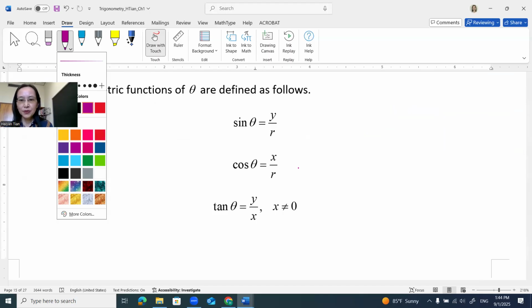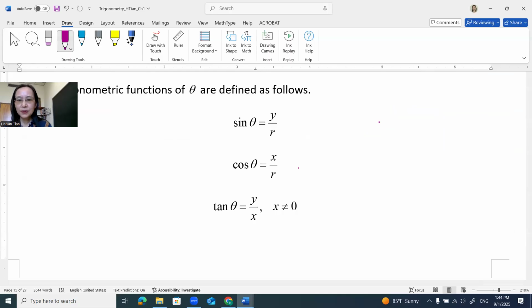Cosecant theta. Your sine theta is y over r, and cosecant theta is r over y.